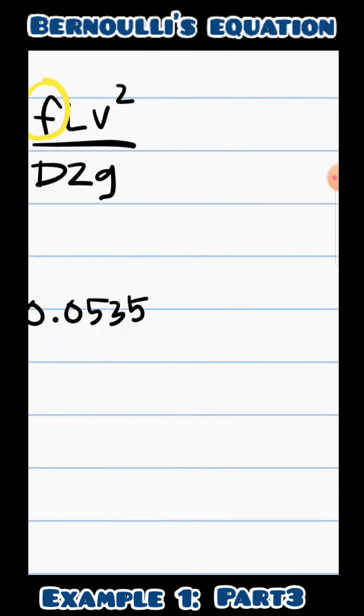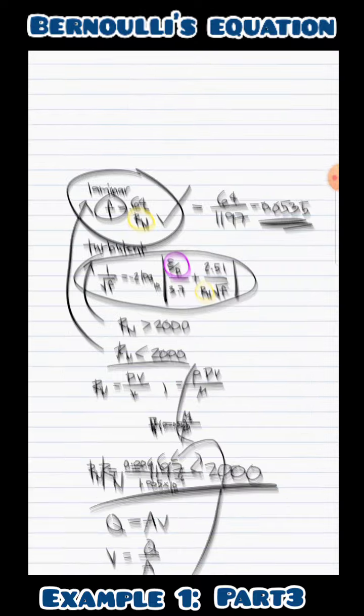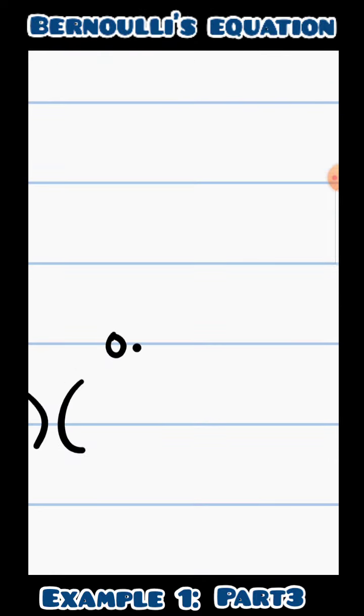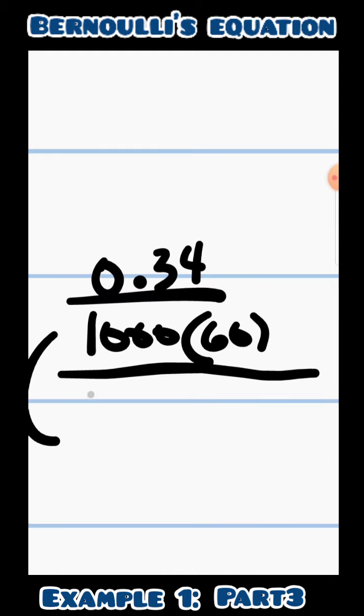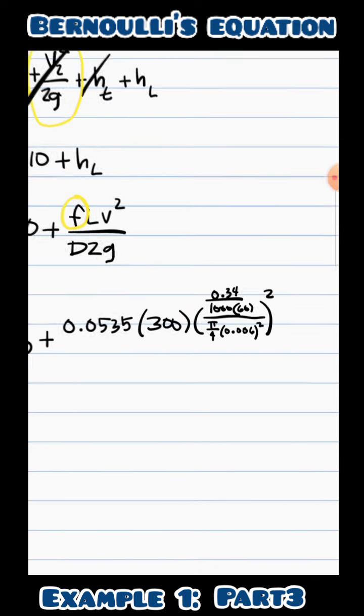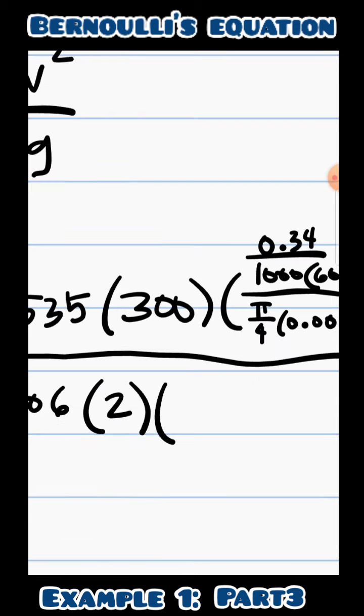The length of the pipe we're analyzing is 300, and the velocity is this one, the term 0.34 over 1000 times 60 all over pi by 4 times 0.006 squared, then squared. That's the velocity term, all over the diameter, which is 0.006, times 2 times 9.81.